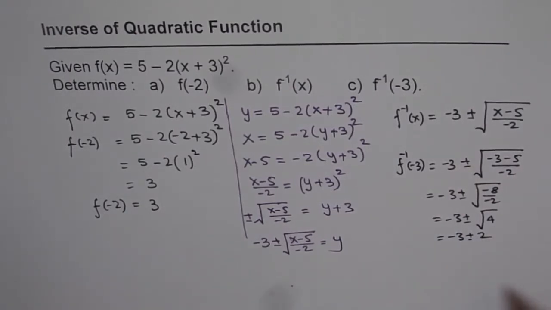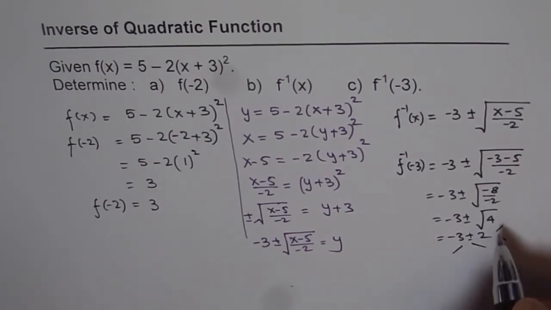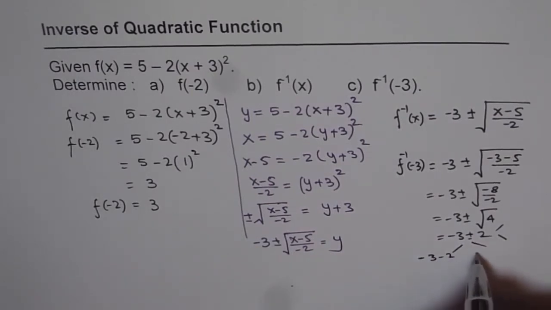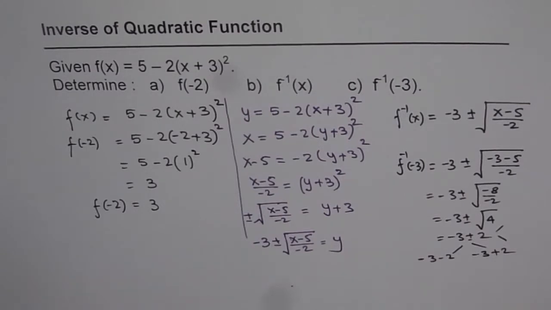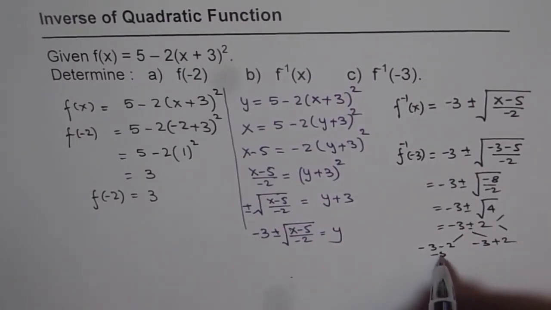So we get two values here. Let's write it like this. One value is minus 3 minus 2. The other value is minus 3 plus 2. Do you see that? So for f inverse of minus 3, we get two values. One of them is minus 3 minus 2, which is minus 5.